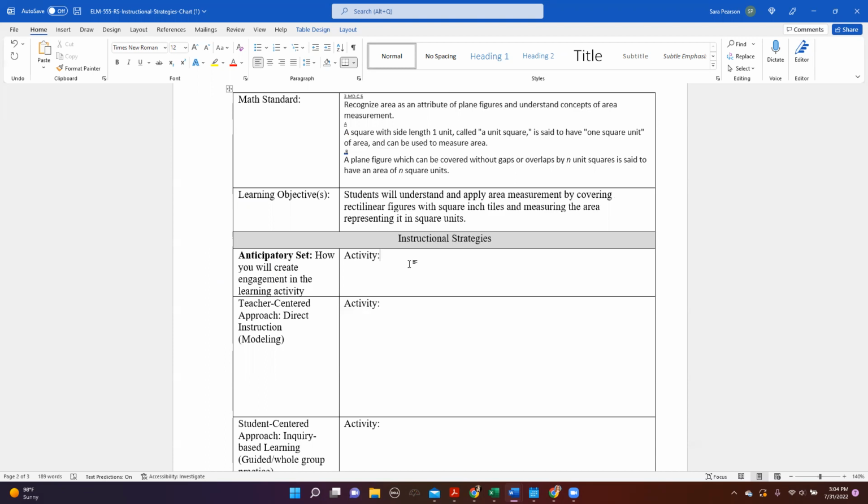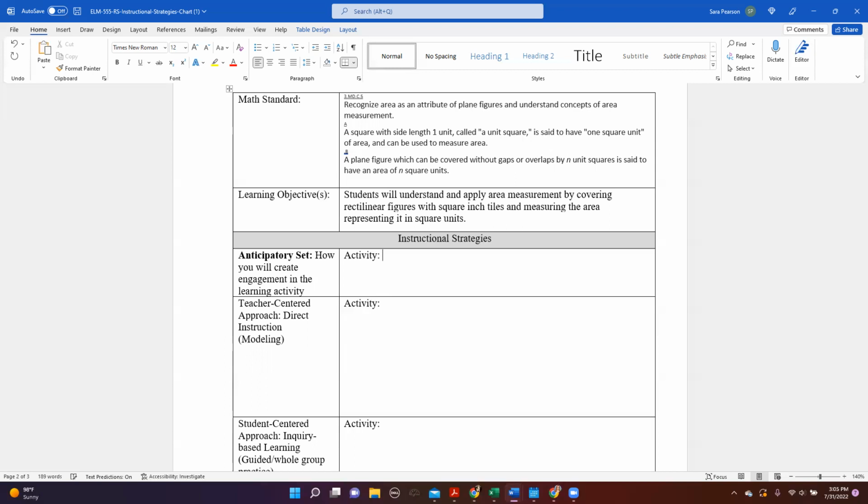This is just how are you going to get them excited for learning and seeing what they already know about the topic. And so it could be as simple as a question, or showing a short little video clip to get them excited about it. But it's very short and it's not teaching yet. So if I show a video clip, it's not showing them how to determine area. I'm just trying to get them excited for learning about area.